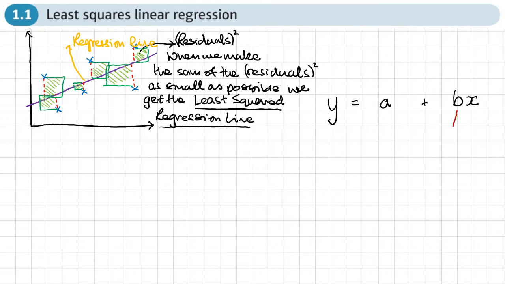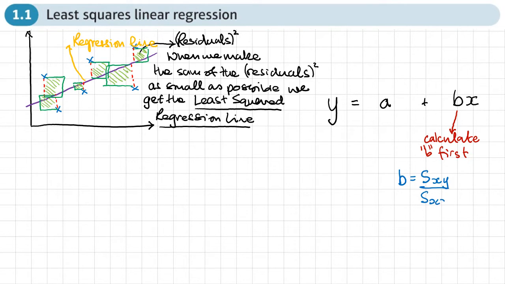First thing is that we need to calculate the value of b first, because this needs to be substituted in to find a. So to calculate b, we need to do this calculation. b is equal to something called Sxy over Sxx.